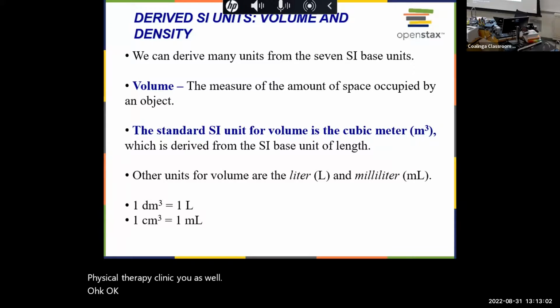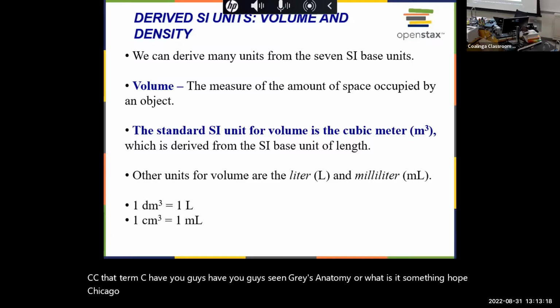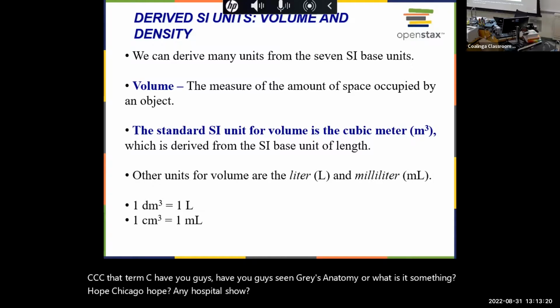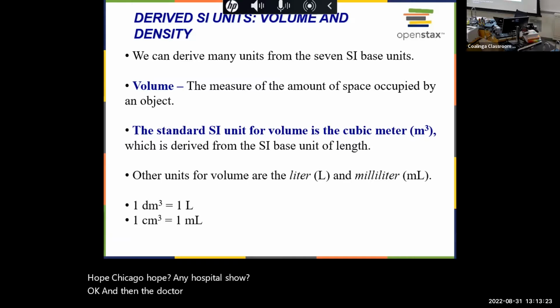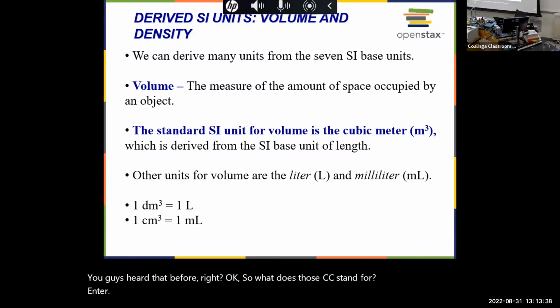Okay, so in the case of physical therapy, that term CC. Have you seen Grey's Anatomy, Chicago Hope, any hospital show? And then the doctor says, I need 5 CC stat, right? You've heard that before. So what does CC stand for?